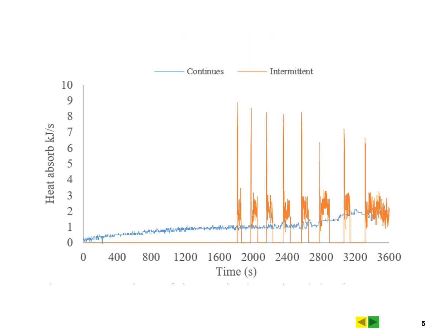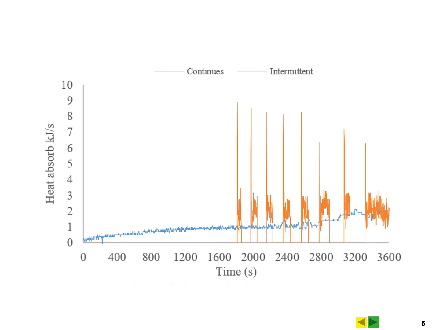Okay, let's continue with the next graph. In this graph, the subgraph is a comparison in time series of the heat absorbed by the water from the refrigerant inside the heat recovery. The same explanation agrees with the previous figure.